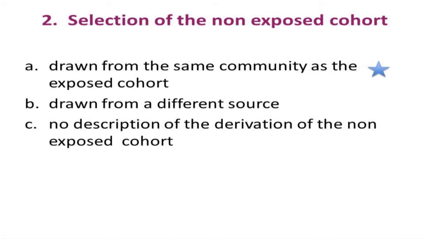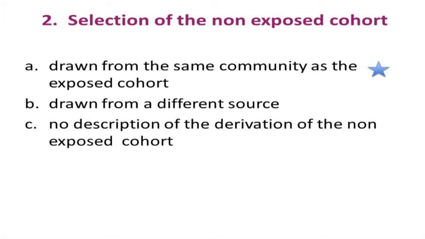And so that was the exposed cohort. When you're going to select your non-exposed cohort, those who were not preterm born in this example, you have to think, are they really drawn from the same community as the exposed cohort? Or are they from a different source or setting? Or isn't it described at all?